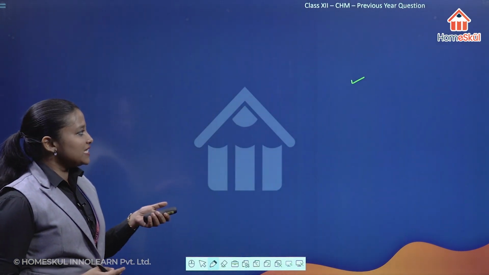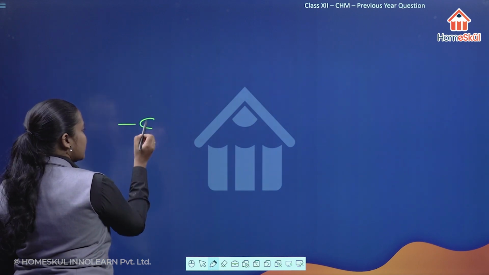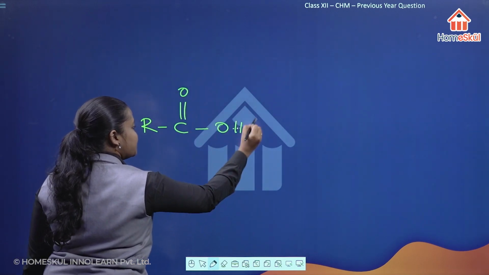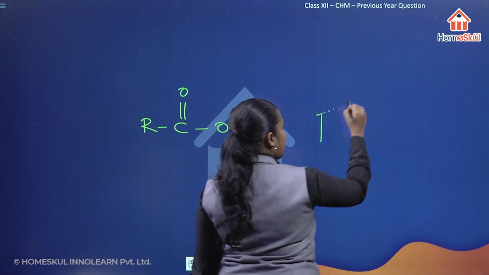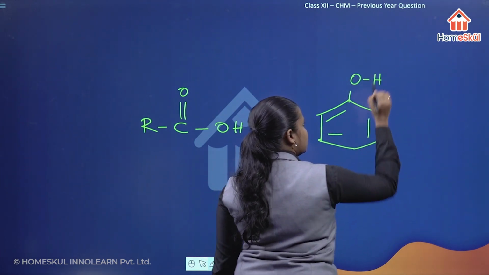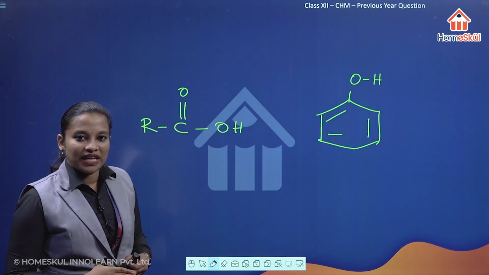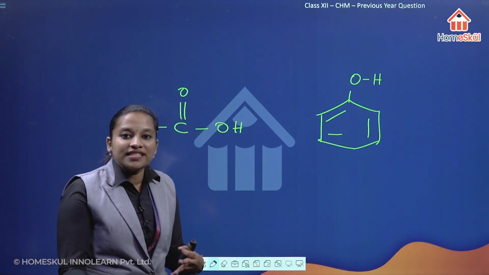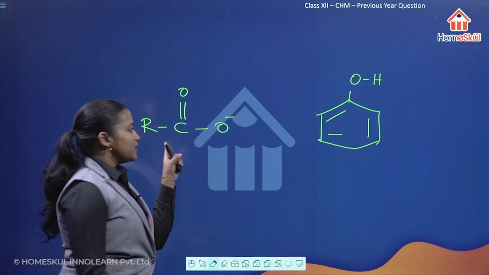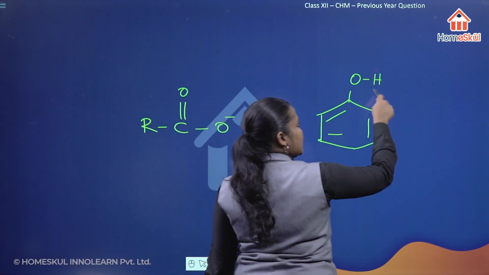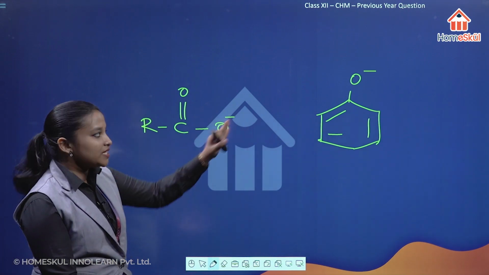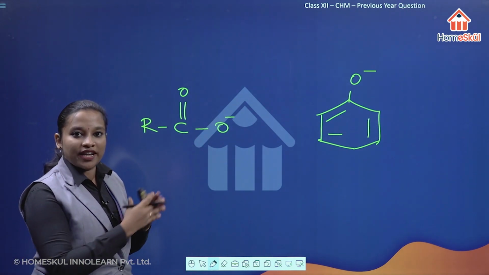No. We can see that this is the structure of a carboxylic acid and this is the structure of a phenol. Acidity, or acidic character, means the tendency to donate H plus ions. Here H plus is donated, which forms a carboxylate ion, and here if the H plus is donated, we get a phenoxide ion.